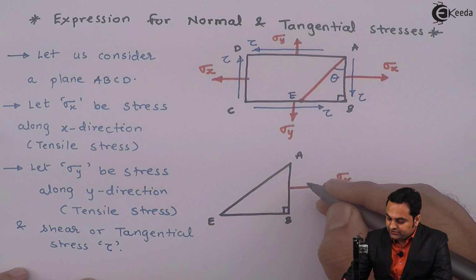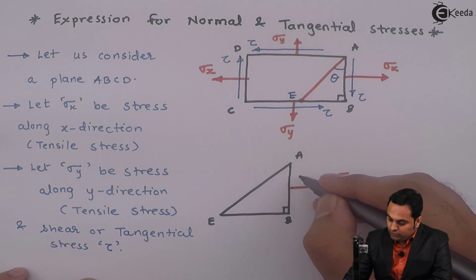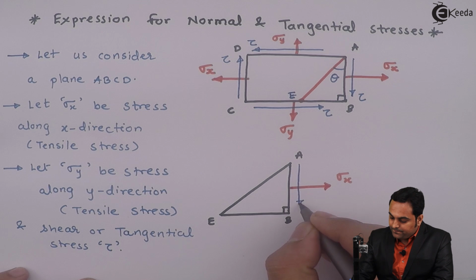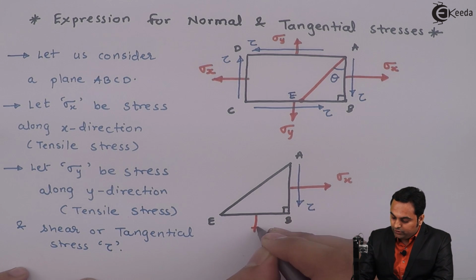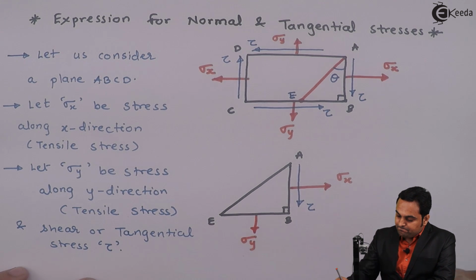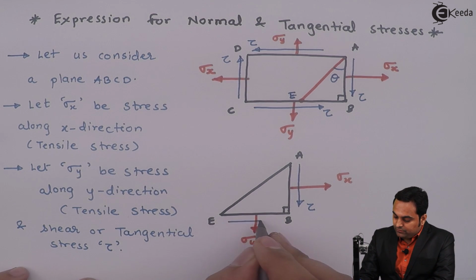Then there is shear stress tau acting downward on face AB. Next, sigma y is acting downward on BE. Tau is acting on BE.